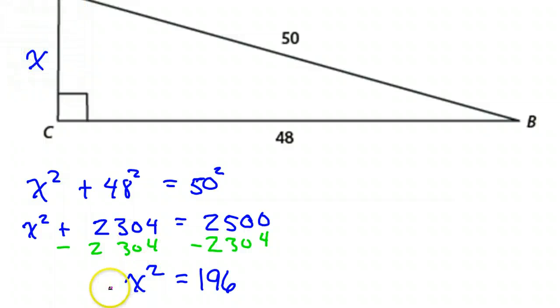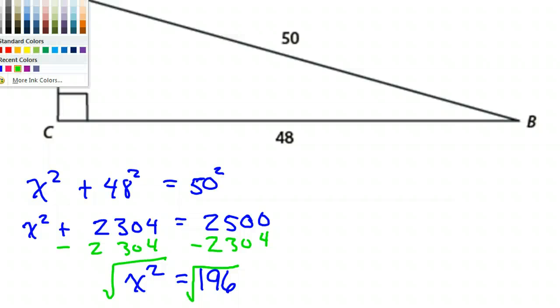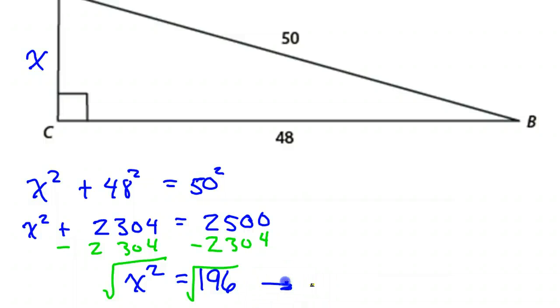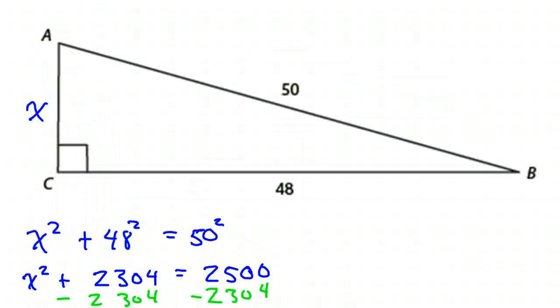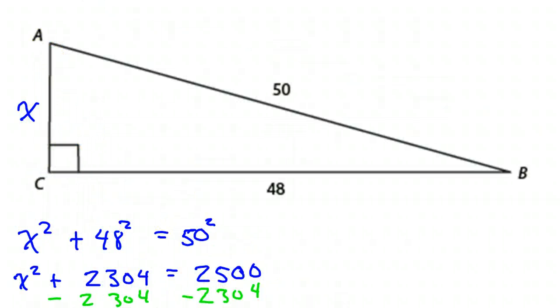Then to get x by itself, I need to take the square root of both sides. And I know that the square root of 196 is 14. So I know that x is 14, and that was AC. So AC is 14. I'll just fill that in.